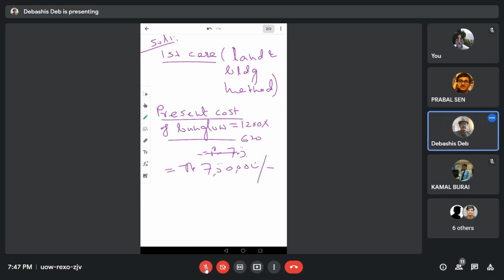Now, number two, value of the land. How much land? 1000 square meter is mentioned in the problem. And in the additional information, it is mentioned value of land in the neighborhood for similar plot is rupees 600 per square meter, multiplied by 600.